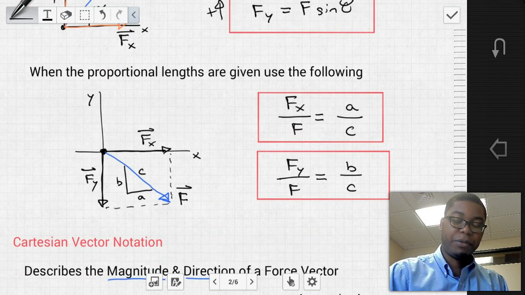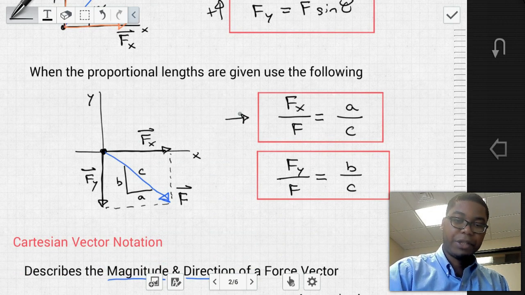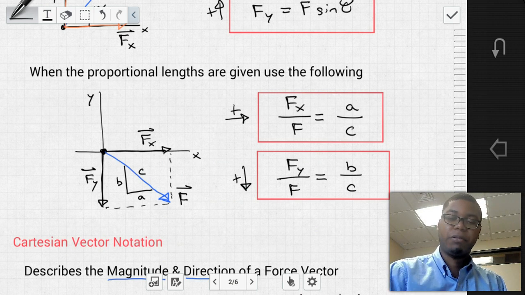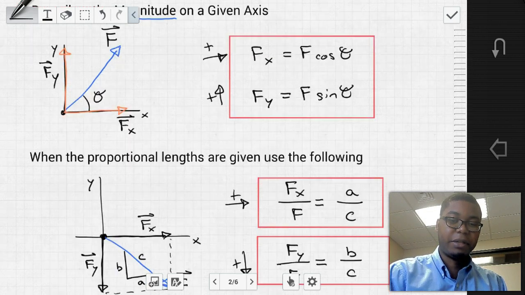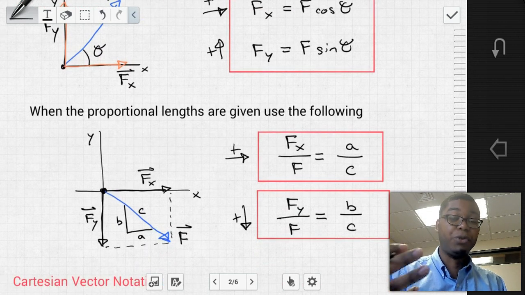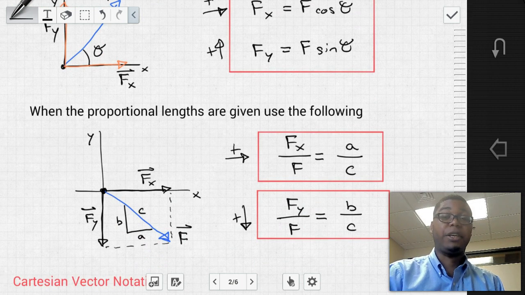So here, Fx would be in this direction, Fy would be in this direction. And this allows us to describe the sense of direction for these magnitudes, for this scalar quantity that we have. And it's something that you should do, actually drawing the sense, to help you solve problems more effectively.